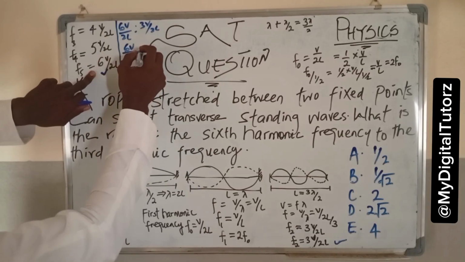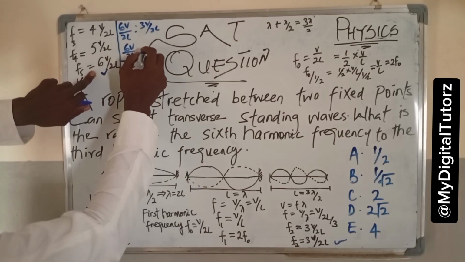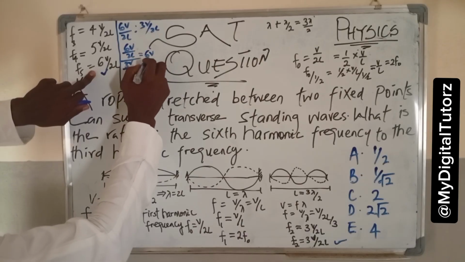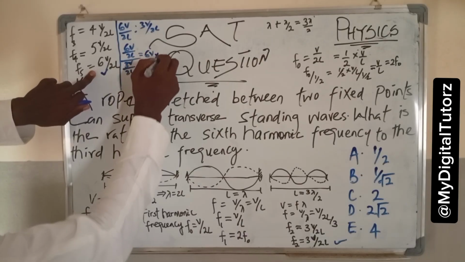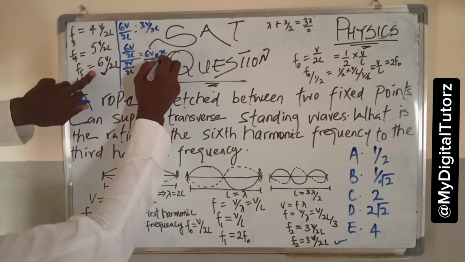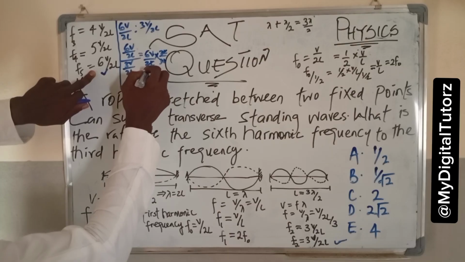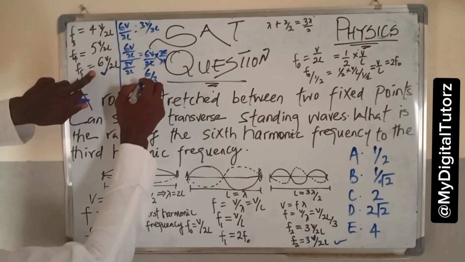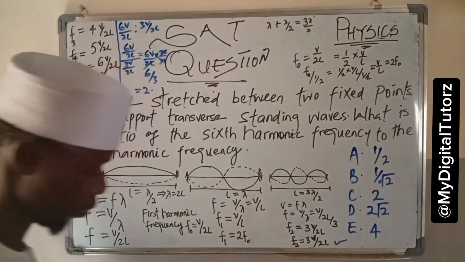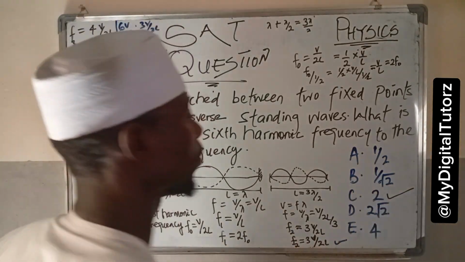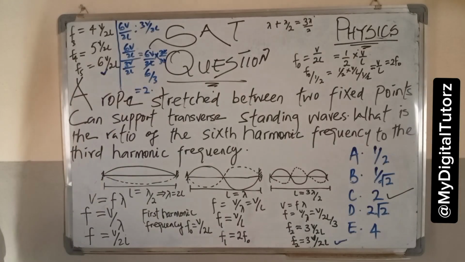When I reposition it, that will be 6V over 2L multiplied by 2L over 3V. So 2L cancels 2L, V cancels V. I'm left with 6 over 3, 6 divided by 3 gives us 2. So our answer is 2. From the options here, our answer is 2. I hope it is understood.